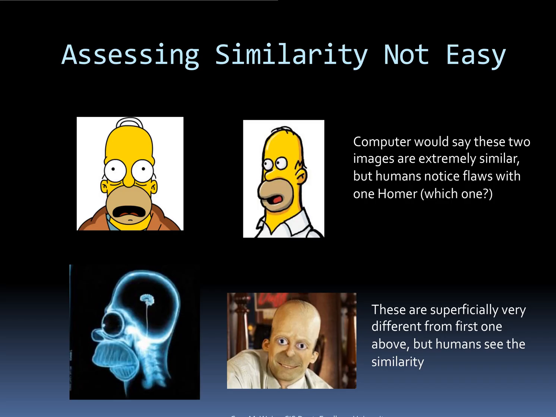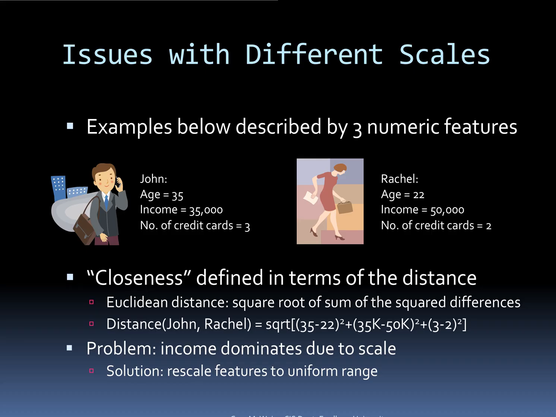that humans effortlessly recognize. When dealing with different scales in data, it can skew the perception of closeness. Here, we have two examples, John and Rachel, described by age, income, and number of credit cards. Closeness is measured using Euclidean distance, which calculates the square root of the sum of squared differences across features.